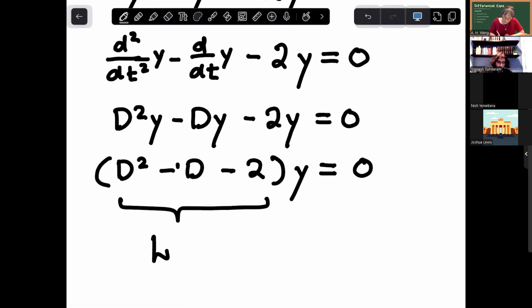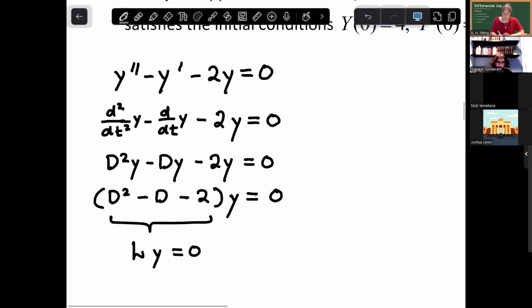So if this was a t here and this is e to the t or something like that, then you would go L of t. But since the coefficients are constants, -1 and -2, you can go L of y equals 0. This is the same differential equation, just different ways of writing it.